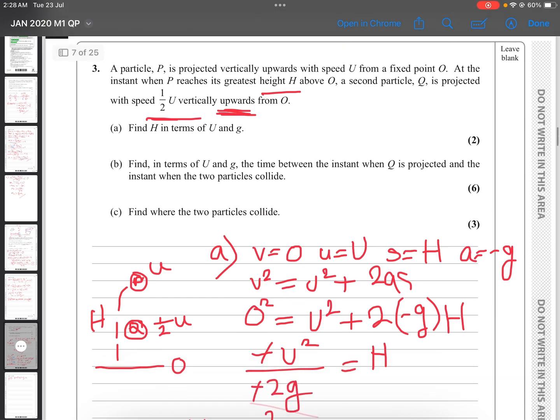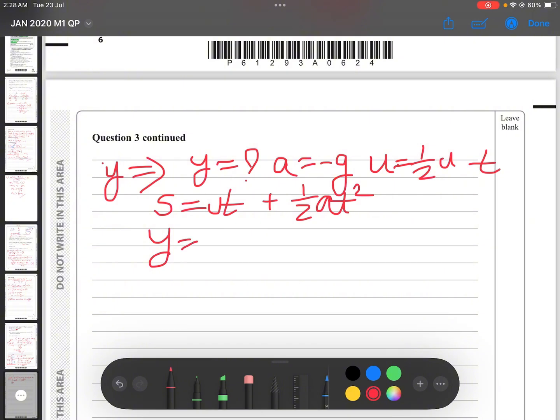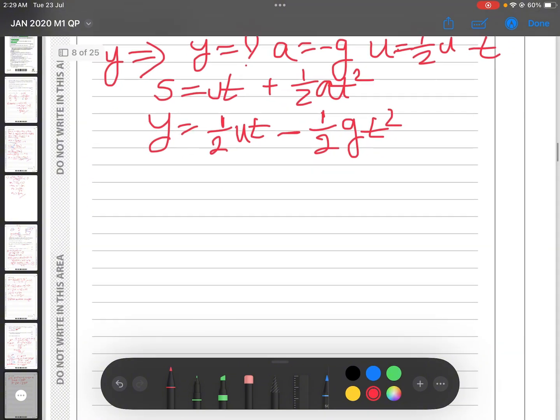So my initial velocity is half u, and again there is t. Here we use again the equation s equals ut plus half at squared. My s is y, my initial velocity is half u, times t, minus half g t squared. Now we just have to equate it to h.